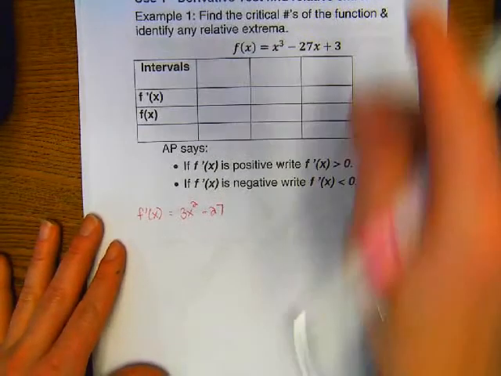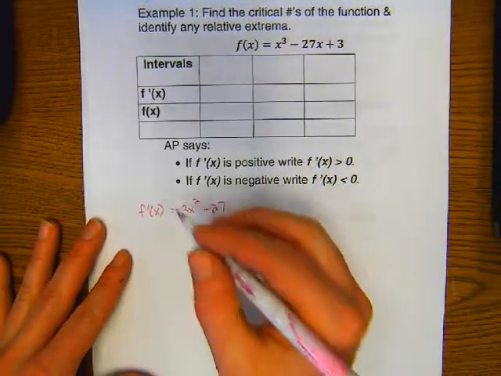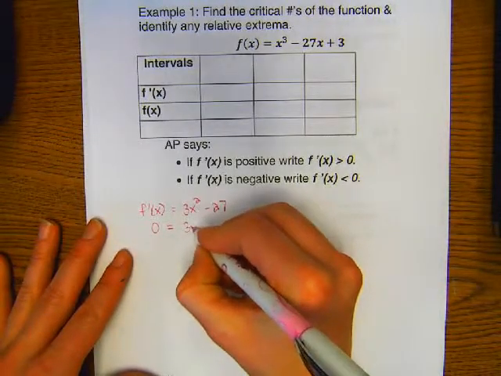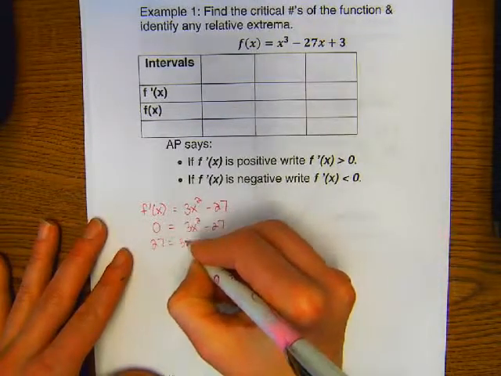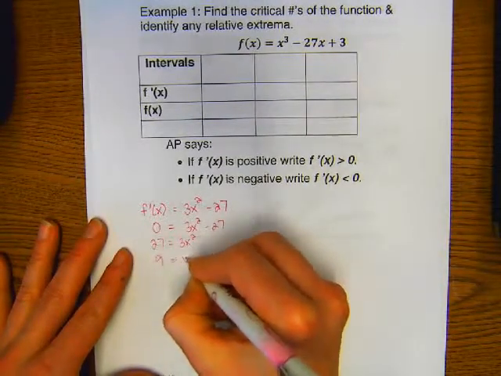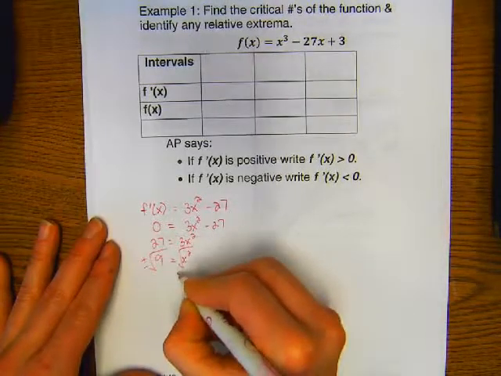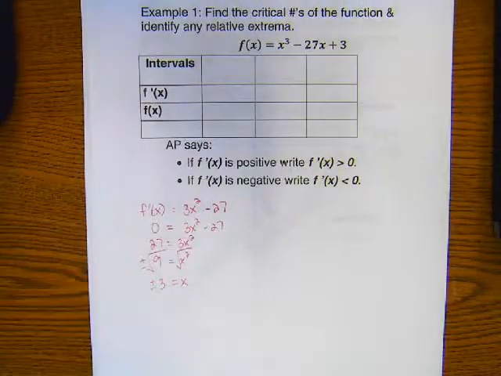This derivative is defined everywhere, so to find the critical numbers, I want to find where it is 0. Don't forget, when you take the square root of this, it is plus or minus the square root of 9, so plus or minus 3 equals x.